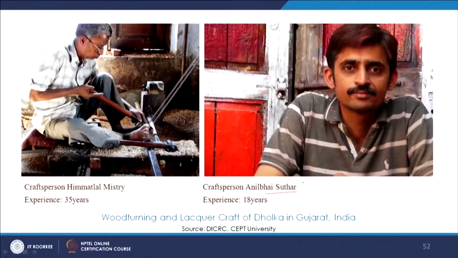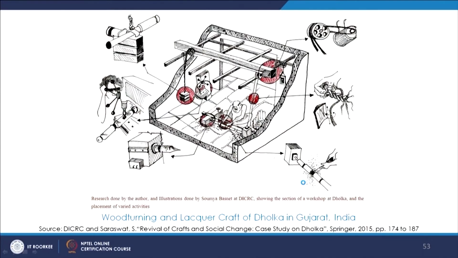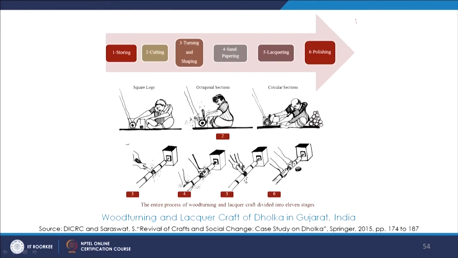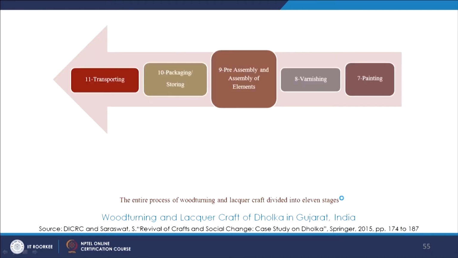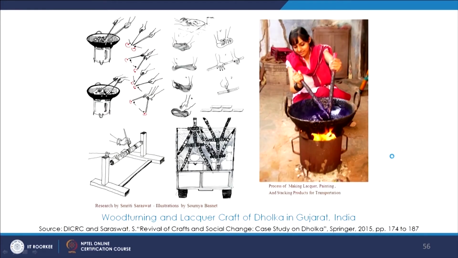So all that we discussed the case of this craft form, and we discussed about the craft persons particularly involved, how they work, what are the different machines they use, what is the space that they use, what are the different stages in which this craft takes shape, and then at each particular stage how things are done.